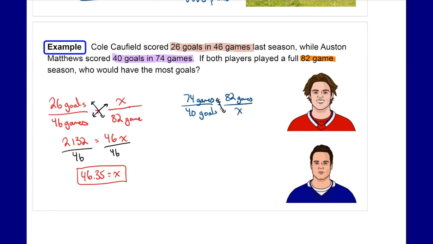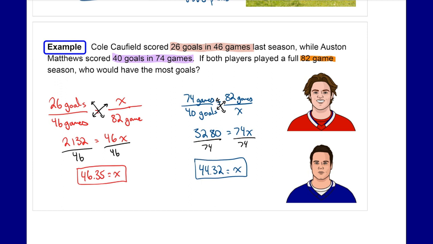Similar idea. Cross multiply. 40 times 82, 3,280 equals 74x. I'm going to divide both sides by 74, the number with the unknown, and we get 44.32 equals x.